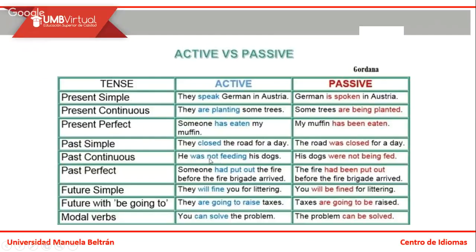As you can see right here, since this sentence is in negative, we have to put "not". All right, "his dogs were not being". Ok, ¿por qué lo colocamos de esa manera? Porque estamos trabajando el pasado continuo como en el presente continuo. Entonces, si vemos acá tenemos el "being" y acá el "being". Obviamente cambia el "are" por el "were" porque uno es presente continuo y el otro es pasado continuo.